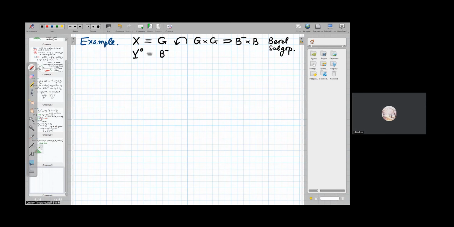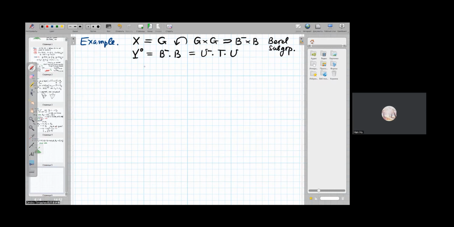It is the product B minus times B, or in other words, U minus times T times U, where T is the maximal torus in B, U is the unipotent part of B, and U minus is the unipotent part of B minus. This is the open cell, the big cell, which is the open Borel orbit in this variety.